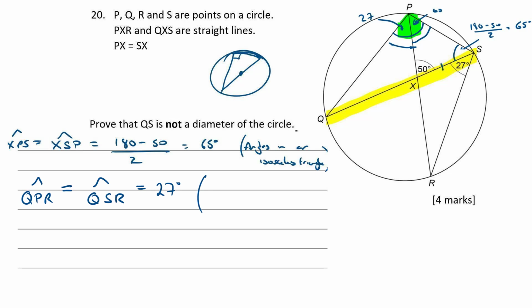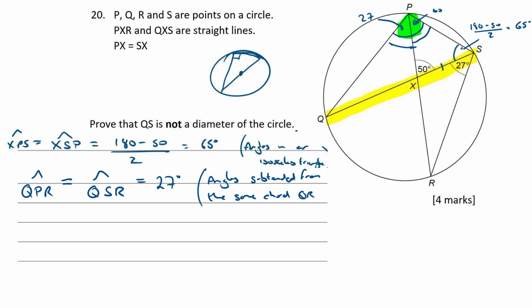And that is because they are angles subtended from the same chord QR. They are equal. That's the rule. Okay, so angles subtended from the same chord QR are equal.